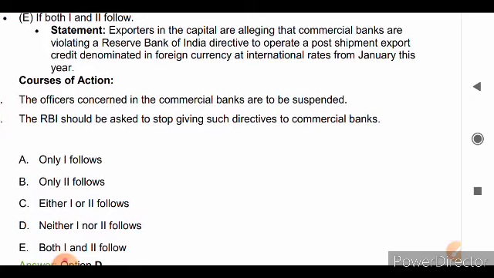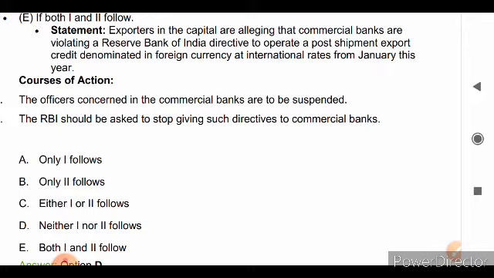Statement: Exporters in the capital are alleging that commercial banks are violating a Reserve Bank of India directive to operate a post-shipment export credit denominated in foreign currency at international rates from January this year. Courses of action. Action 1: The officers concerned in the commercial banks are to be suspended.